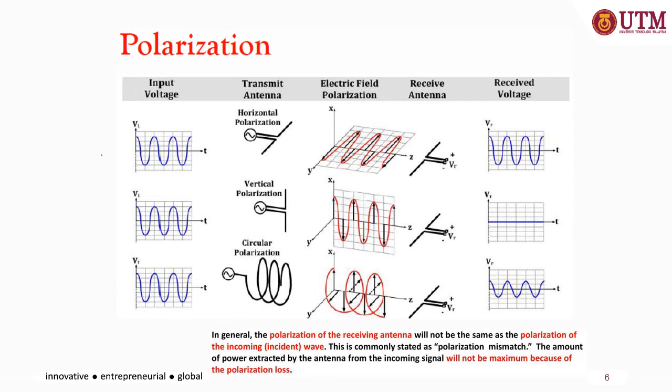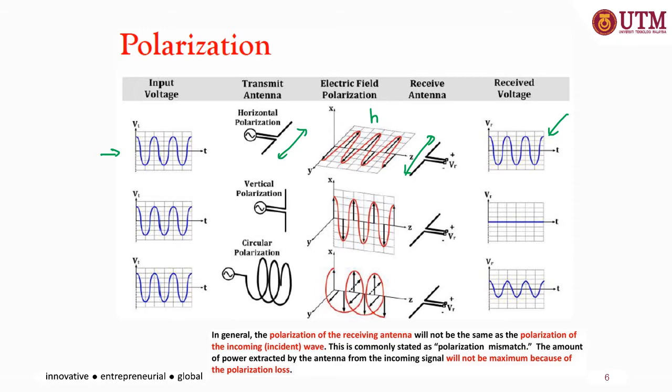For example, the first one, we have the input signal, and the transmit signal is in the horizontal direction, and the polarization is also in the H, horizontal direction, and the receive antenna has the same polarization direction. So the received signal is actually similar to the input signal, in which we expect to have a similar output as compared to the input.